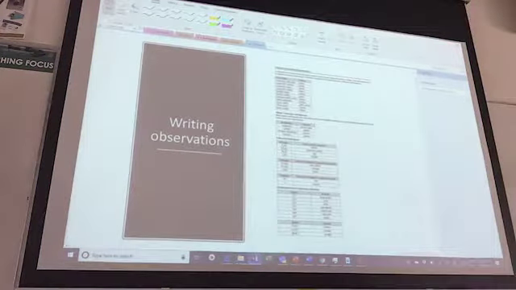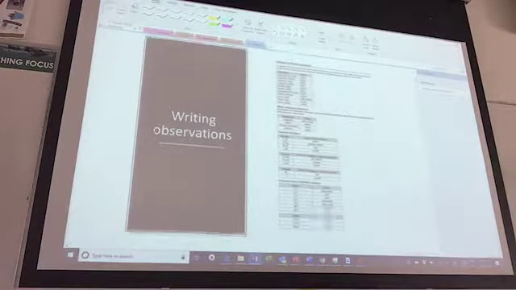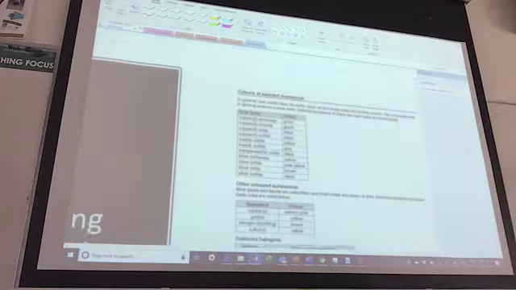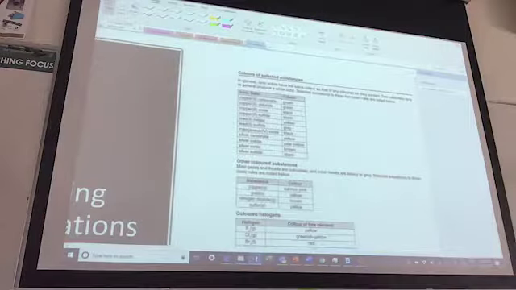So our colours, writing our observations, so again we discussed this yesterday, so we can see the colours of our substances. These are the colours of our ionic solids.